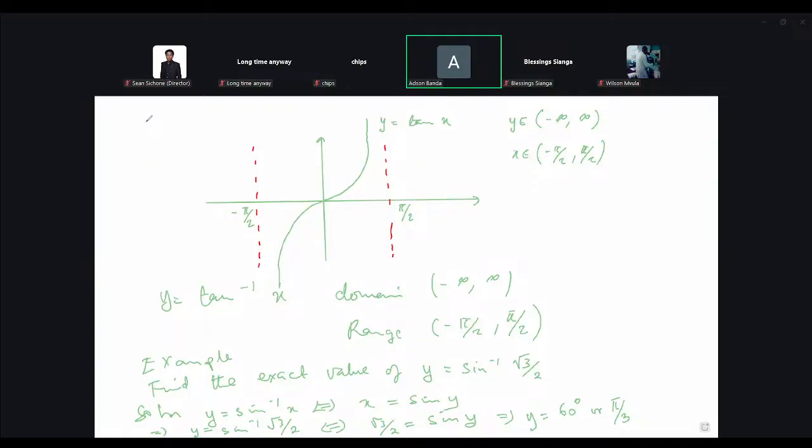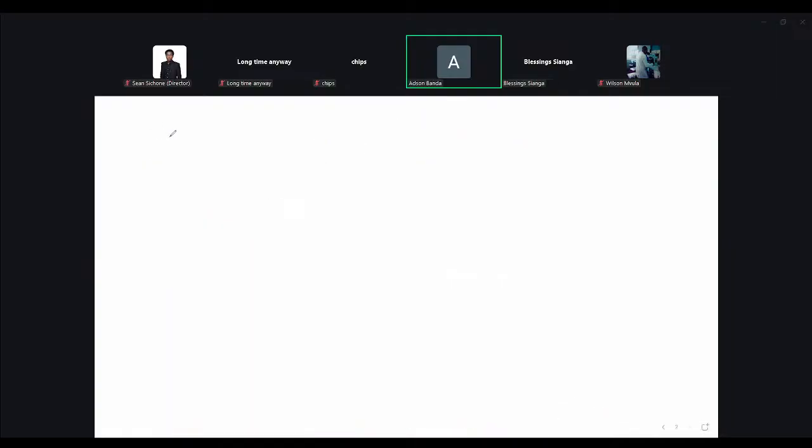I can give you another one. Let me call this number 2. What about y is equal to the cosine inverse of 1 over 2? So let's find the exact value of y is equal to the cosine inverse of 1 over 2.